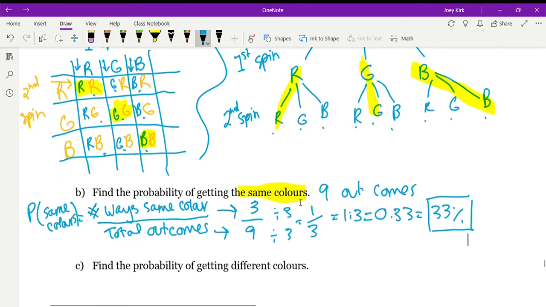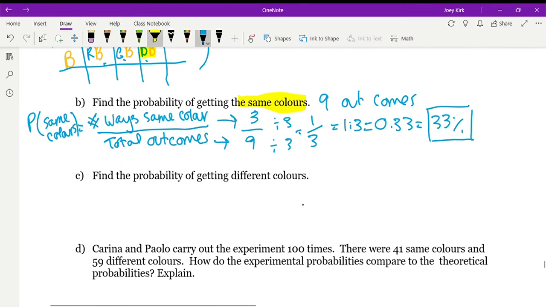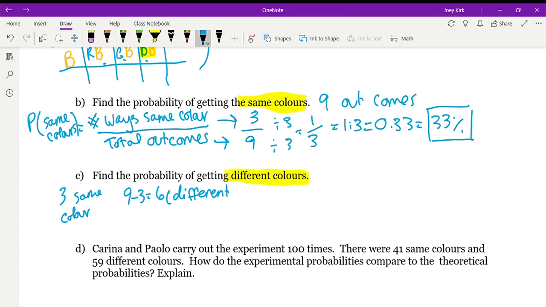So the next question asks the probability of getting different colors. So we can kind of figure this out. You could go back and count, or we could know that if 3 are the same color, then 9 minus 3 is going to give us 6, which are the different colors, right?